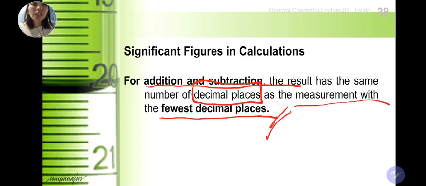So, kapag addition and subtraction, magre-rely tayo sa given measurement with the fewest or pinakakonti decimal places. Yun ang susundin natin sa pag-report na answer natin in the correct significant figure. Okay?